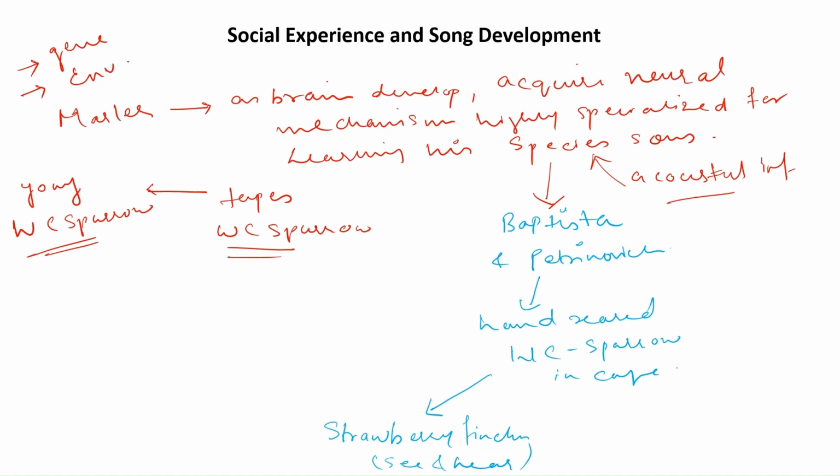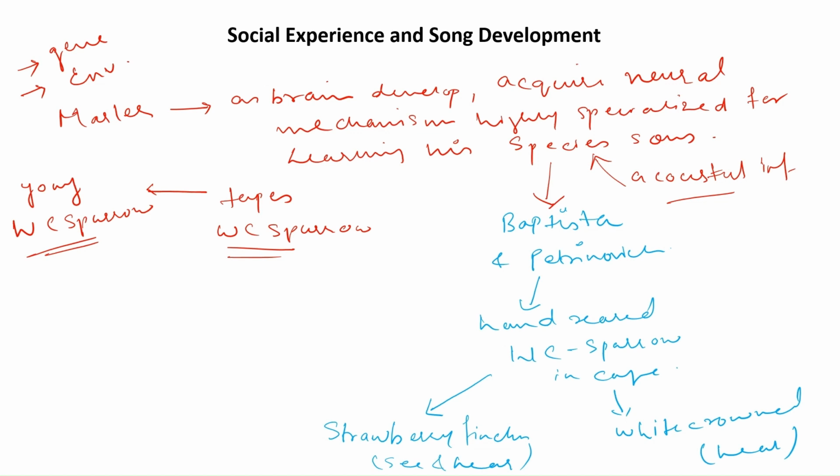So to prove this, Baptista and Petrinovich hand-reared the sparrows in the cage and put the cage in an area with a lot of strawberry finches, another species of bird. So now they can see and hear strawberry finches. At the same time, they also used the tape of white-crowned sparrows. So they can hear white-crowned sparrows, but they can also see and hear strawberry finches.